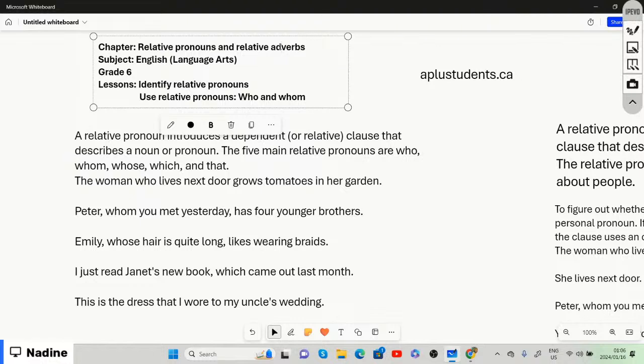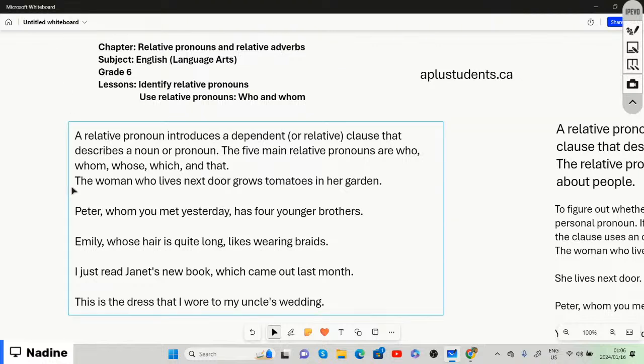All right. So when it comes to a relative pronoun and a relative adverb, we say a relative pronoun introduces a dependent or relative clause that describes a noun or pronoun.